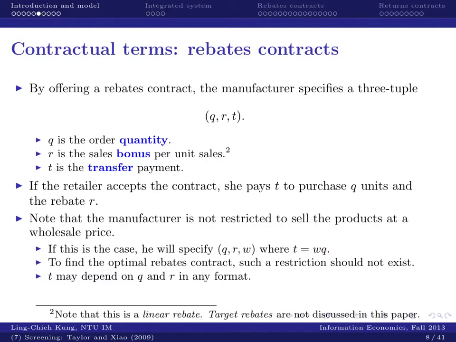We cannot put this kind of restriction on the search space. We need to allow T to depend on Q and R in any format. Can be any kind of functions. Okay? So that's something to remind you. Q, R, and T can be anything depending on Q and R.